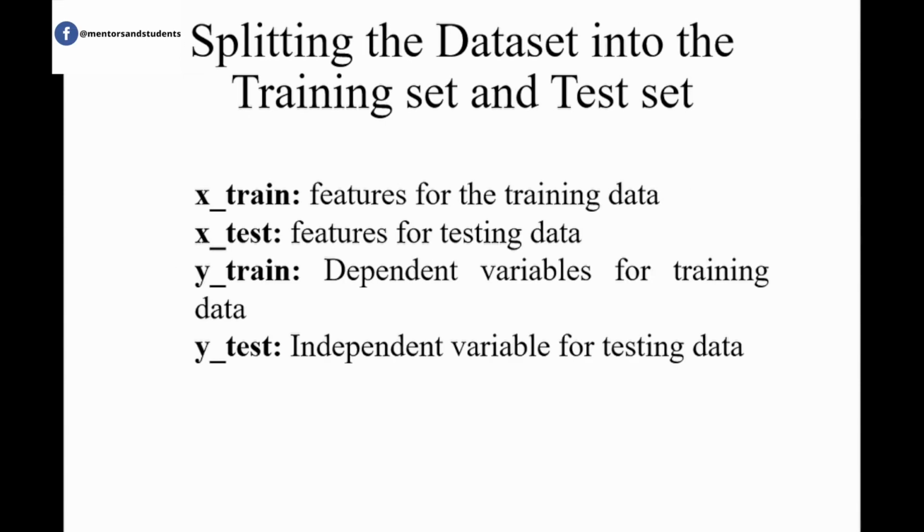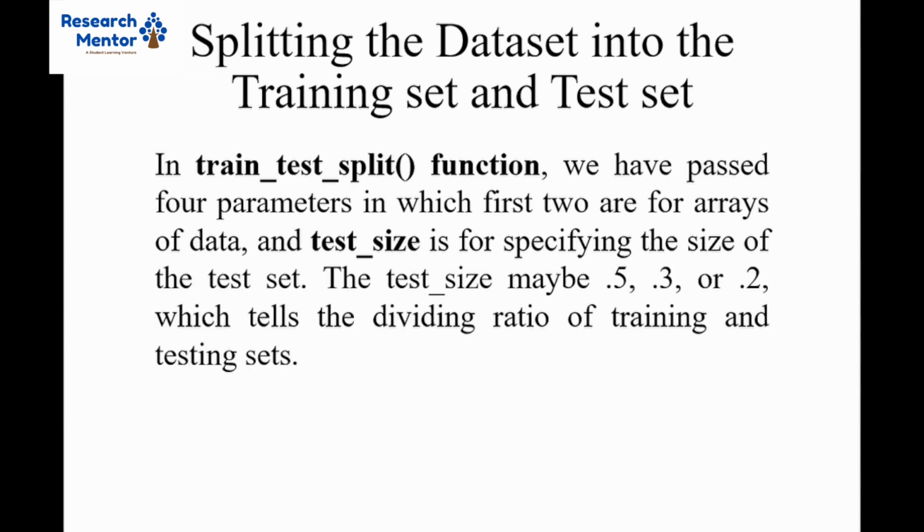In this code, X_train means features for the training data, X_test means features for the testing data, y_train means dependent variables for the training data, and y_test means dependent variables for the testing data. The function name is train_test_split.